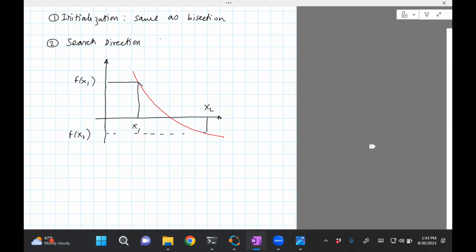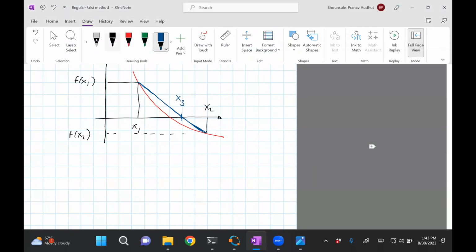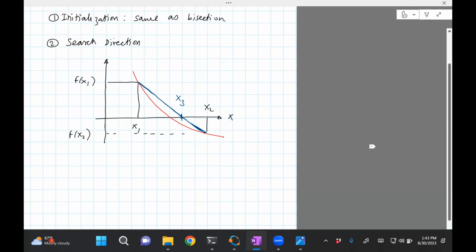So if you draw a line, then this will intersect the x-axis at some point. Let's call that x3. Okay, and that x3 is your new guess. This is a new guess.